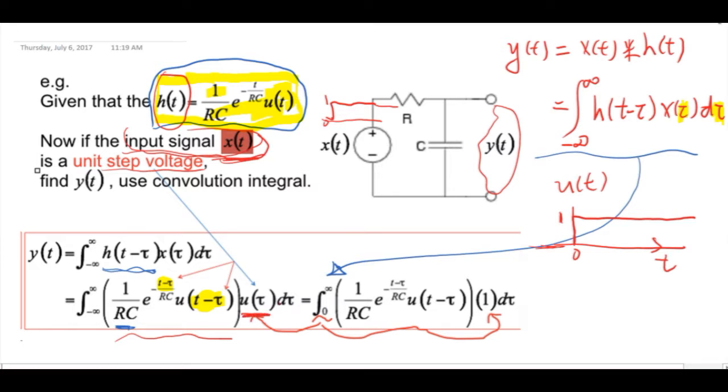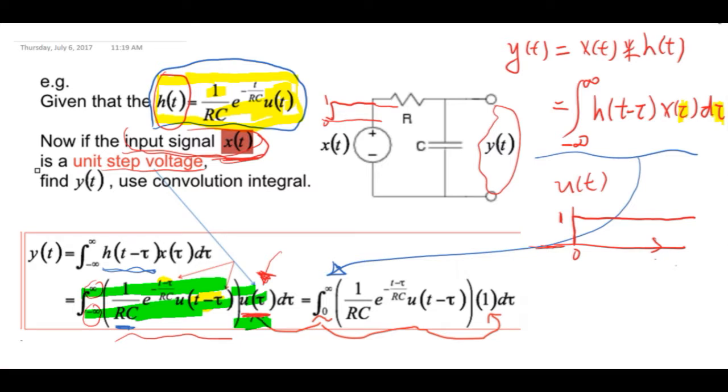Once we get this equation, the job is to simplify a couple of things: to get rid of this term which we don't like, and also to get rid of the minus infinity and positive infinity limits, which are difficult to handle. Before that, we first try to get rid of u(tau).